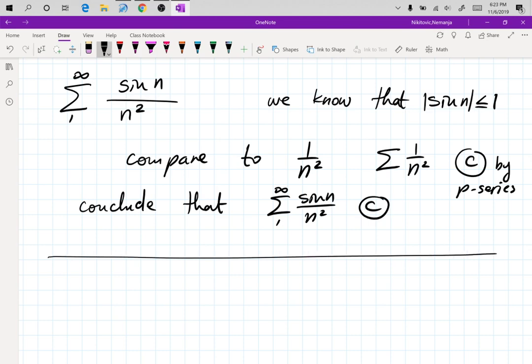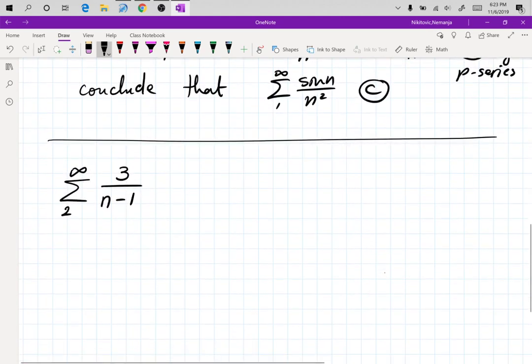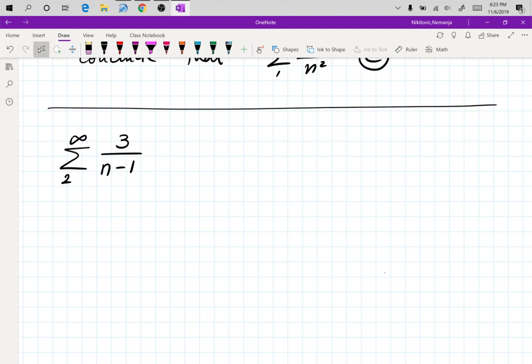I might have to change the sign. Let's say the sum to infinity of 3 over n minus 1. I might have to change to n plus 1. We'll see.